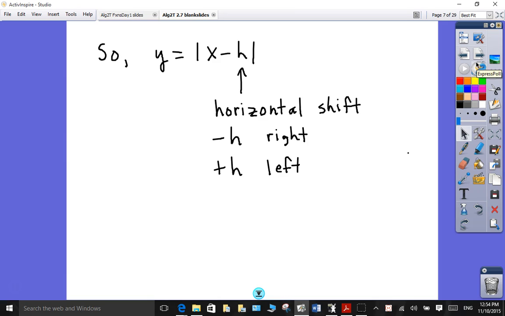If it's plus a number, that means it's going left. We good?